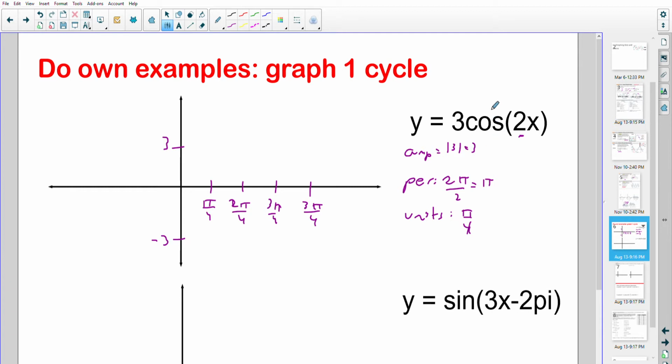And once you have the framework, you're going to remember the general cosine graph, which starts high and goes down, which means I'm going to start at this point, and every tick mark is going to be the high, medium, or low. And then after you get that done, it's a matter of drawing the cosine graph. That's one cycle of the cosine graph. Of course, it would continue forever in both directions.